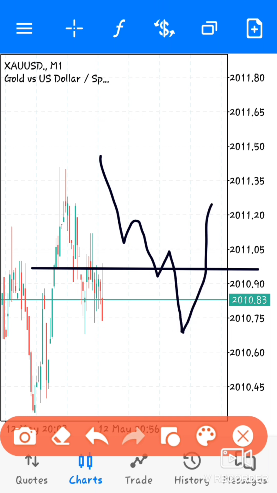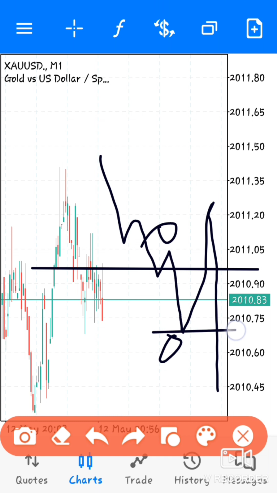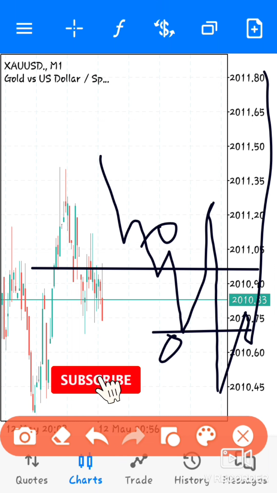Move up, take them out here, and then come down, take people that were in for buy. Once this happens, mark the previous zone that was broken and wait for price to break it to the upward side, come back, and you buy. That's how simple it is, not difficult.